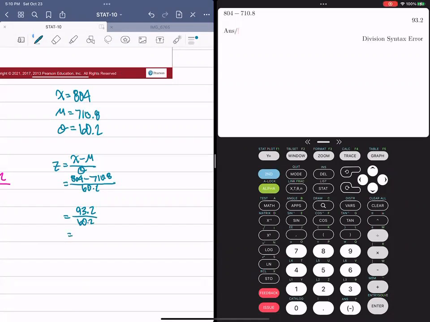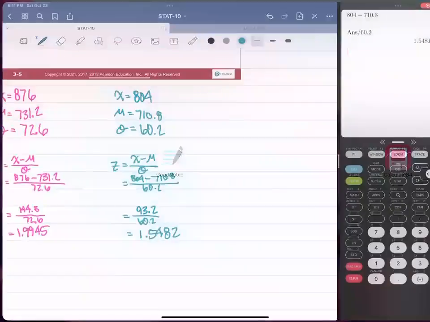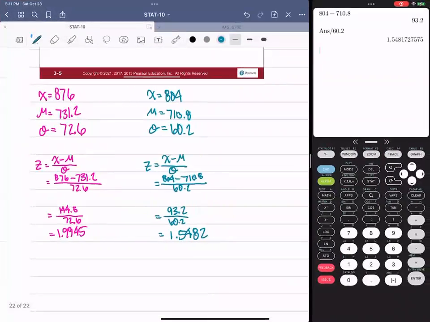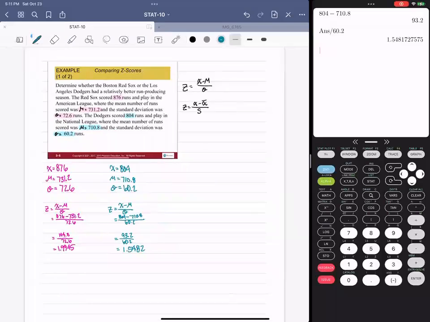That gives us 1.54817, so 1.5482. There we go, and now that gives us our z-score. So now looking at these, let's see.